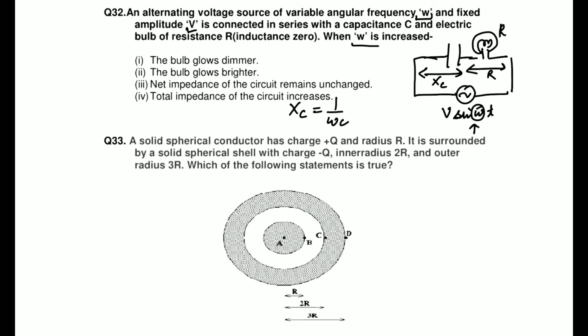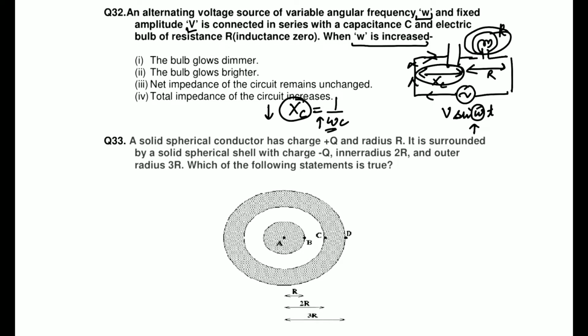So according to the question, you are increasing the omega. If you increase the omega, what will happen to this Xc? If you increase omega, Xc will decrease. Yes or no? The capacitive reactance will decrease. So if capacitive reactance is decreased, then more and more current can flow through this wire, into this bulb.